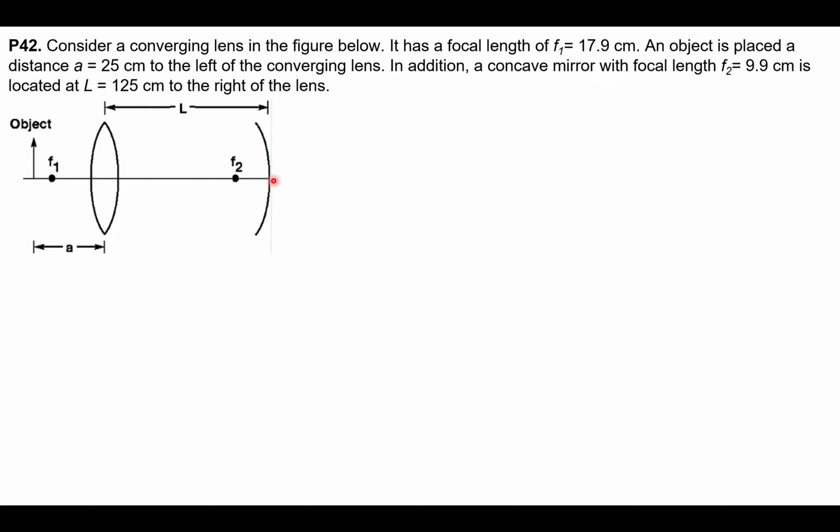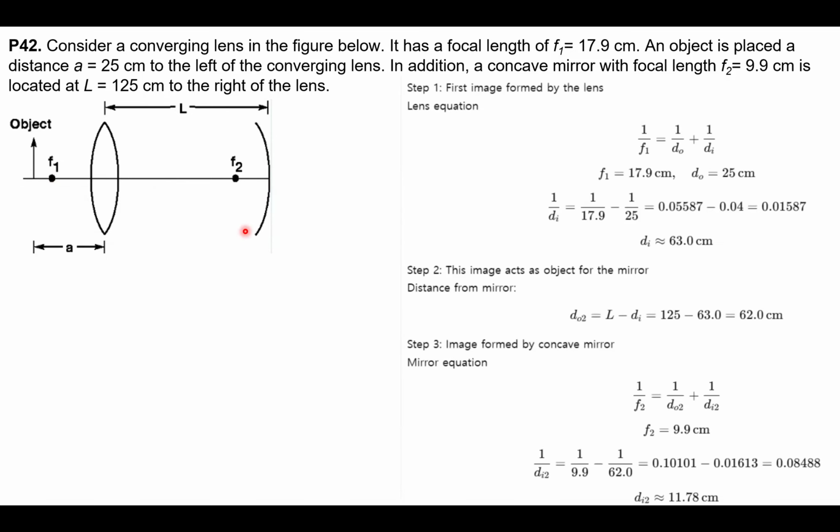From here to here is 9.9 centimeters, and from here to here is 17.9 centimeters. So in this case, first this object is going to give you a certain image, and this image will be an object for this mirror. So you apply the lens law and the mirror law in a sequence.